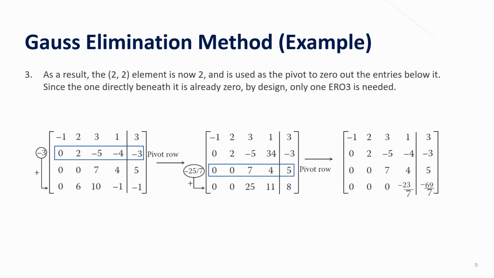Now the new row 2, you can check this. You want this to become the pivot row because you are going to get rid of everything below here.